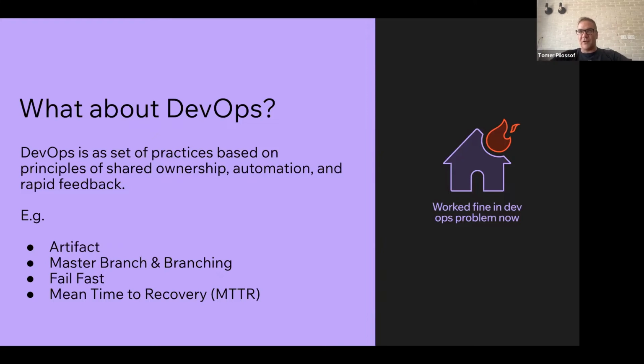Fail-fast is a best practice which says that as a developer, if I'm doing a faulty change, I want to know about this as quickly as possible. Best would be if I know about this when I'm writing the code, and second best would be when I'm building it on my local machine, and so on.